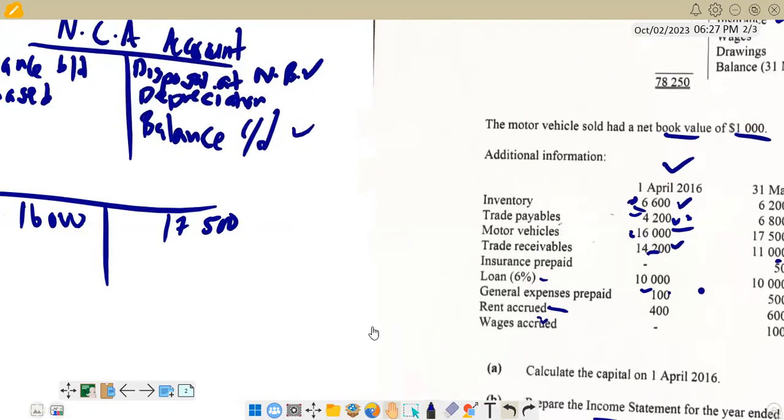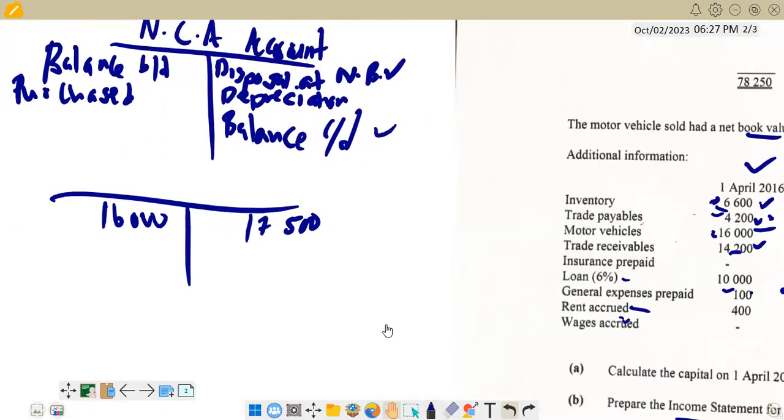If you look in the question, there's nowhere that we are told about anything that was bought, so the assumption is that nothing was bought. So we have got 1,000 here. The figure that we want is on the credit side, so we find it as a balancing figure. We put at the beginning 16,000, then the CD at the end. Let's see if we are putting correct figures there.